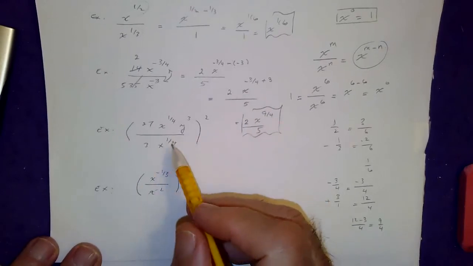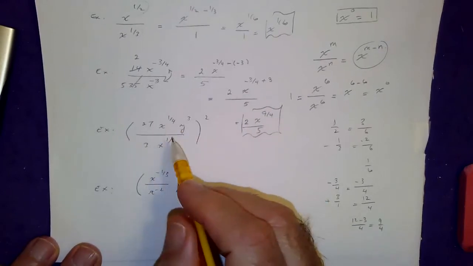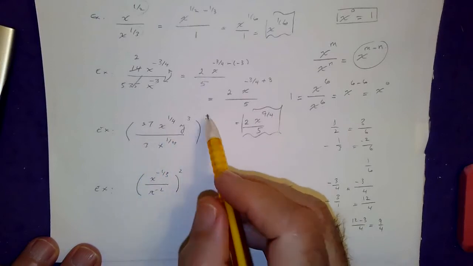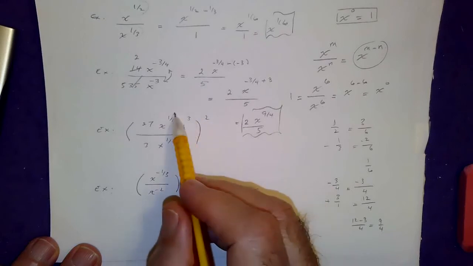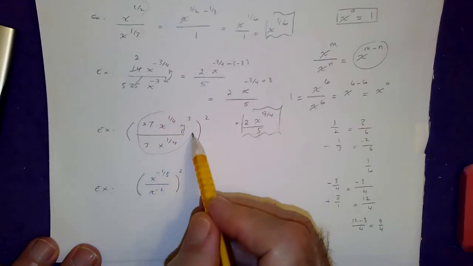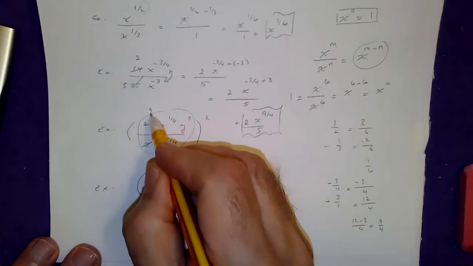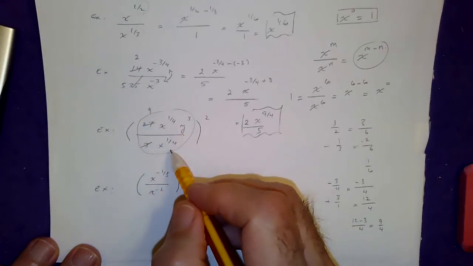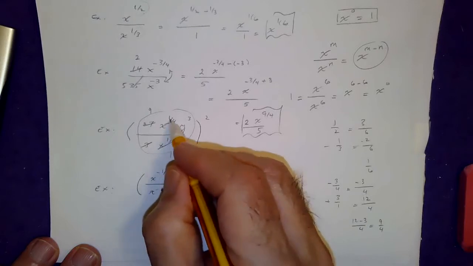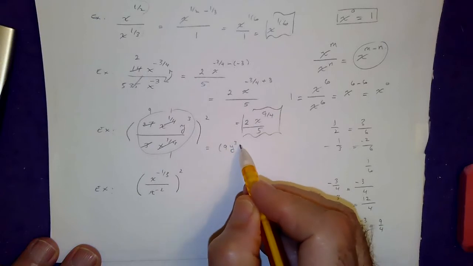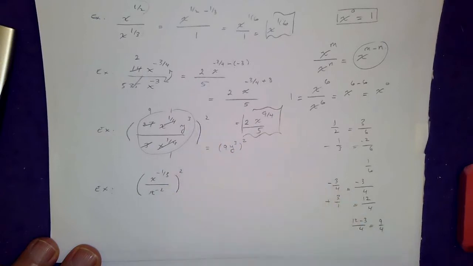So how about simplifying this kind of mess? Okay, how do you do this? First, don't worry about this power of 2. Divide these two expressions. 3 goes into 27 9 times. x to the 1/4 divided by itself is 1. So it looks to me all you have is 9y cubed. Don't forget the square.